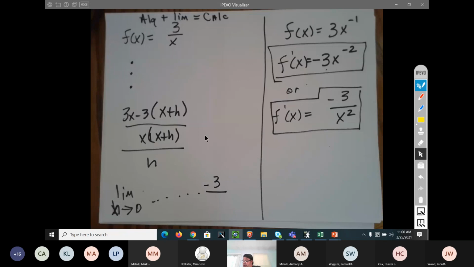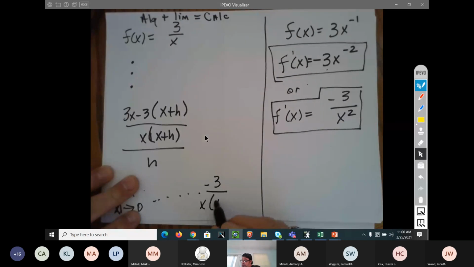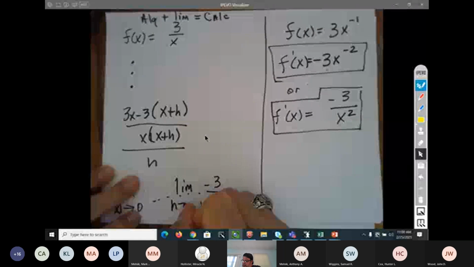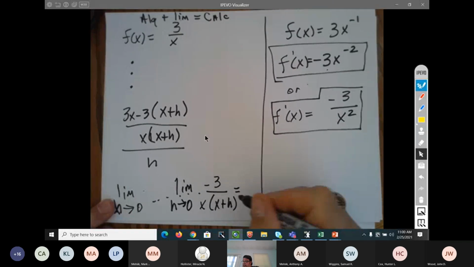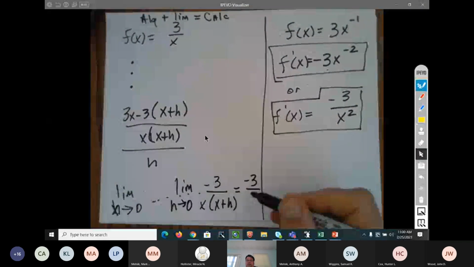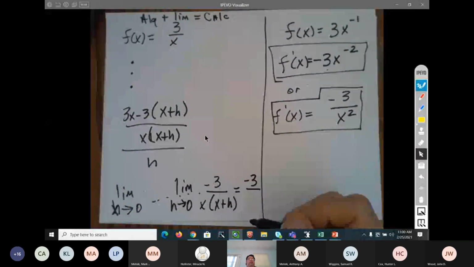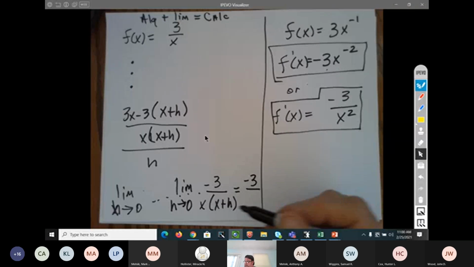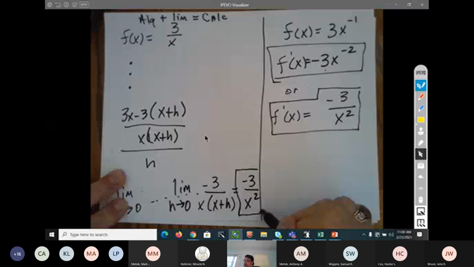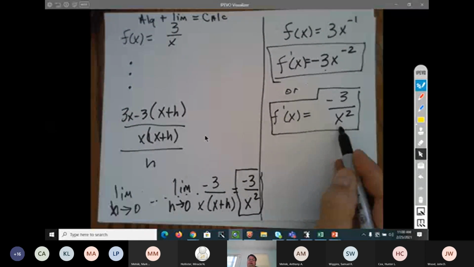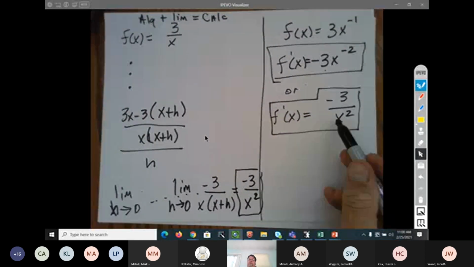Limit as h approaches 0. What happens? What's x plus 0? X. And what's x times x? X squared. Oh my gosh, look at there. Same thing.